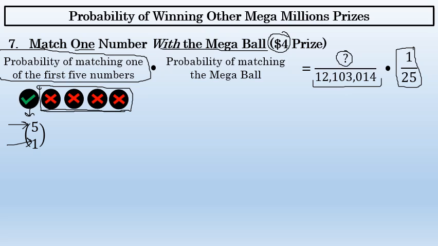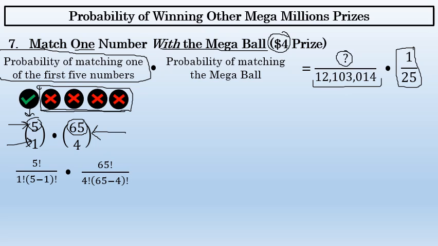Out of the first five numbers drawn, out of the 70 numbers that those come from, 5 of them are winners. We want to match one of them. 65 are losers. We want 4 of those 65 losers, 65 choose 4. We want, in this situation, 4 losing numbers to come from 65 possible.